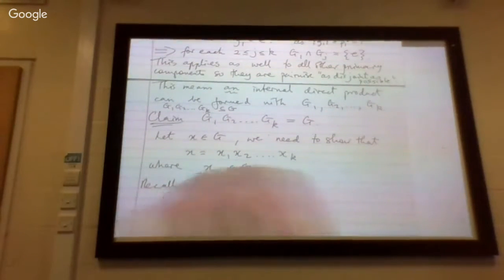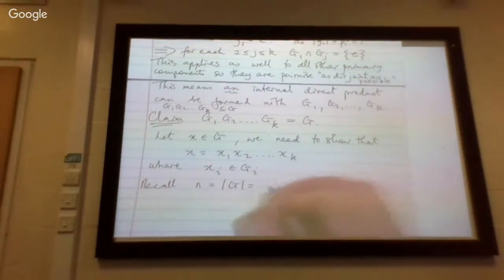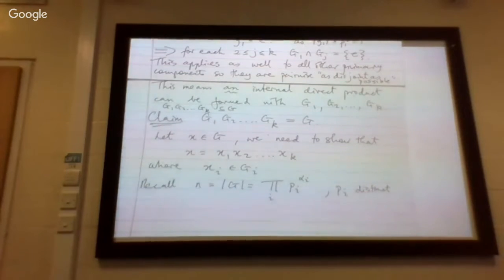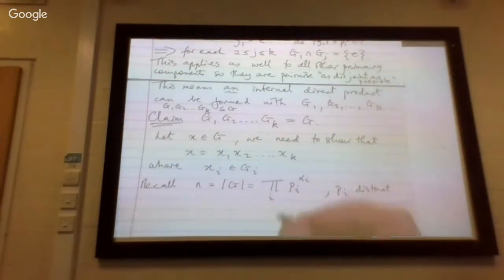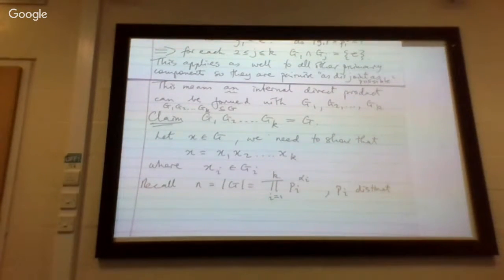Recall n, this number, which is the size of G. This is its prime factorization, with pi distinct prime numbers, some number of these, k, i equals 1 to k.